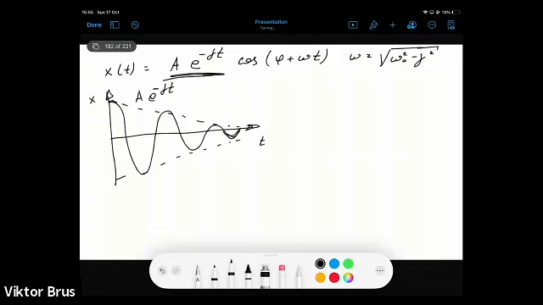But this frequency is not the omega naught frequency, which is equal to square root of k divided by m for the case when we don't have any damping. The frequency of this decaying oscillation will be equal to square root of omega naught squared minus gamma squared. So the higher the damping, the larger the deviation from the intrinsic oscillation.